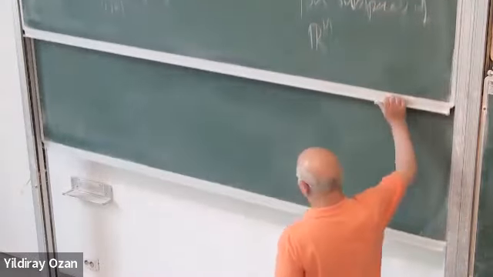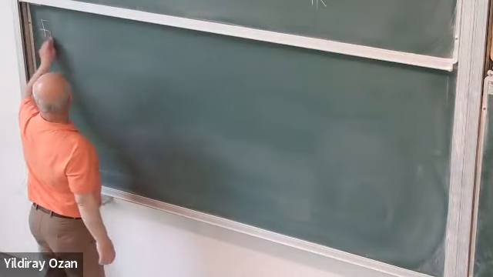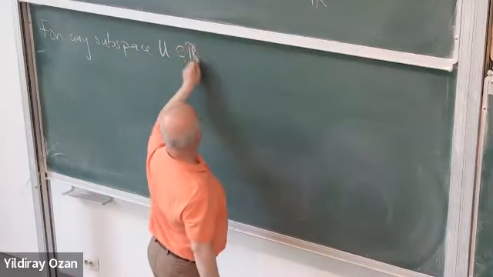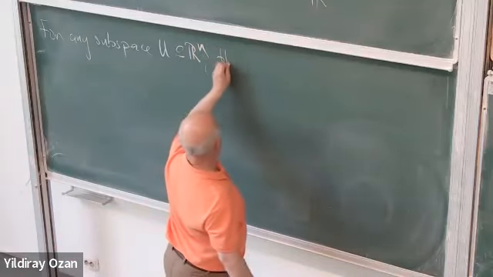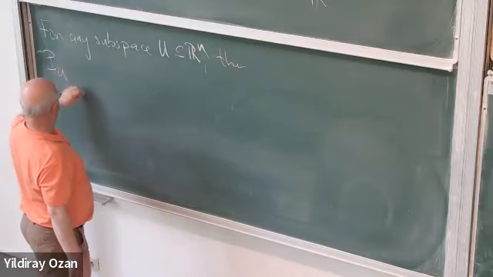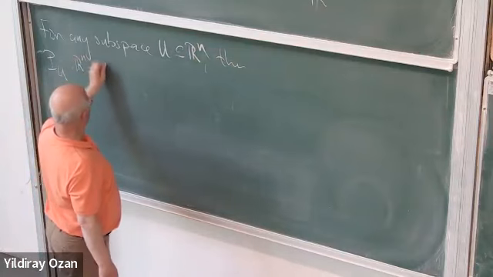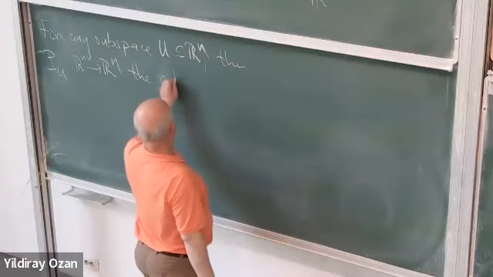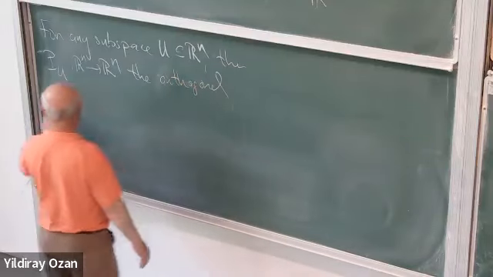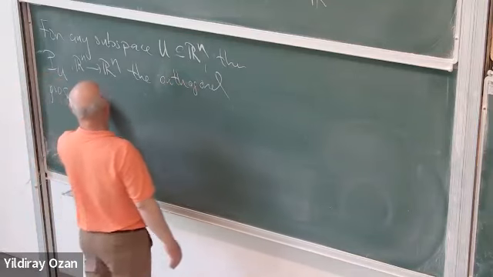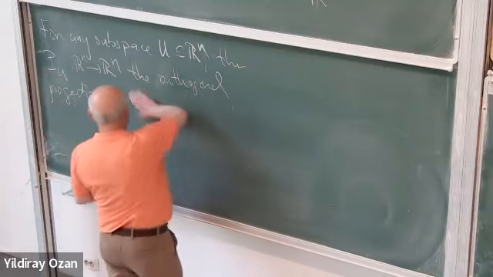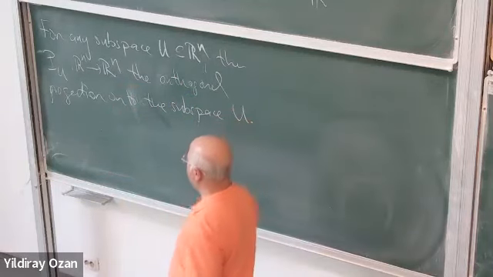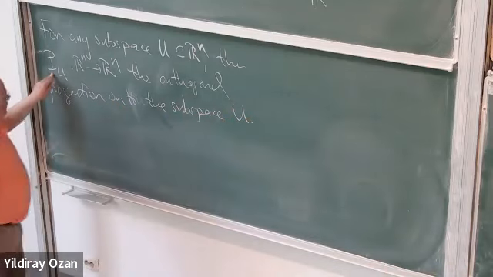How? For a subspace U of R^n, let P_U from R^n to R^n be the orthogonal projection onto the subspace U. So I can just regard this as a matrix.